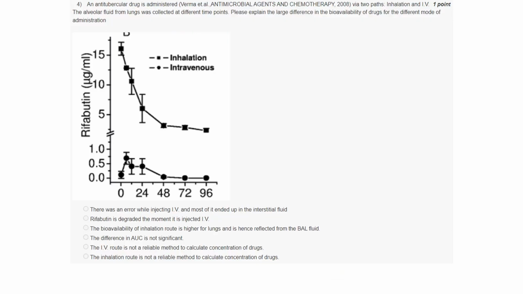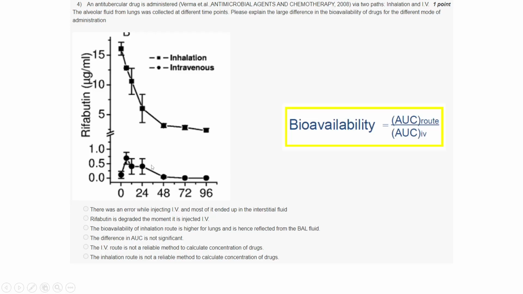Next question essentially gave us a graph of bioavailability, and it is asking us that a particular drug is administered via two different paths, inhalation and IV. And the authors have collected alveolar fluid from lungs at different time points. And this is how the graph looks like. So the question is asking us, why is there such a large difference in the bioavailability for inhalation versus the intravenous route?